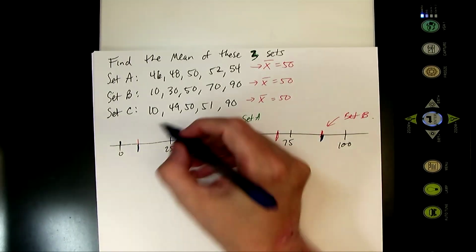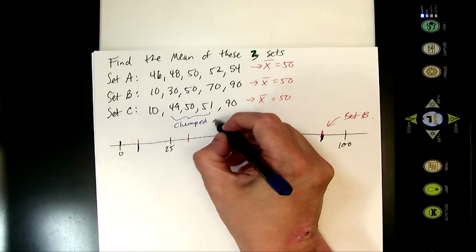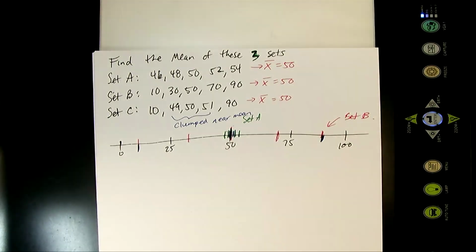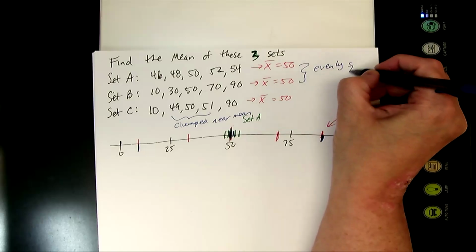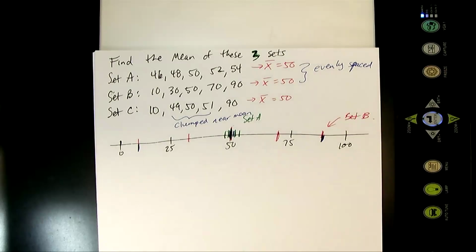So these are like set C, kind of clumped near the mean. And these other 2 I would describe as evenly spaced. It's not a stats word, but they're all roughly the same distance apart within their individual sets.